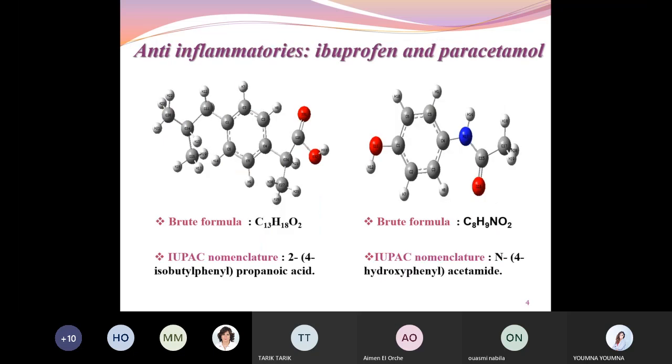Among the most commonly used anti-inflammatory drugs are ibuprofen and paracetamol, aromatic compounds used in the pharmaceutical industry, which are non-steroidal pain relievers and anti-inflammatory drugs that thin the blood and treat headaches and muscle pain.